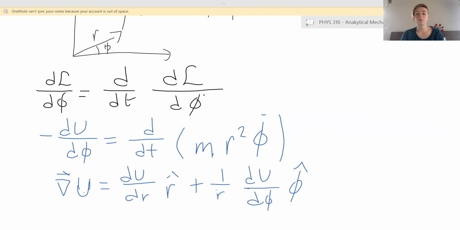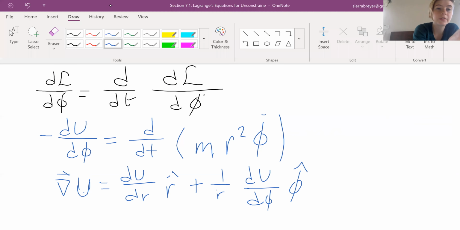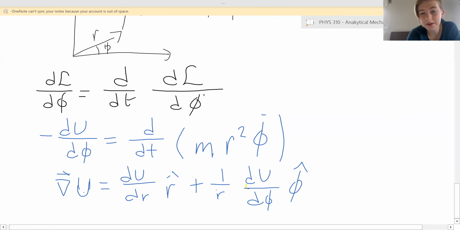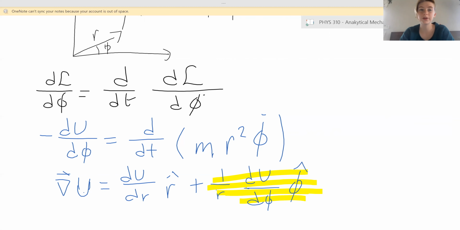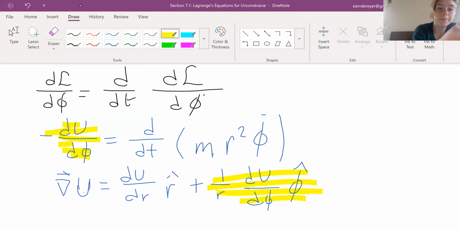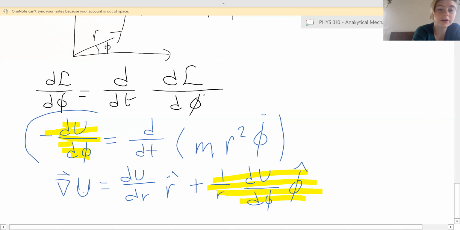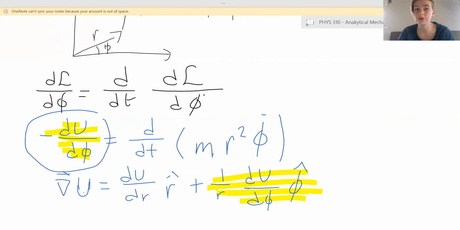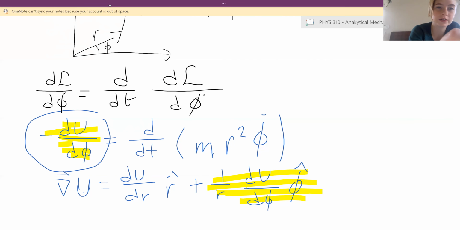So what shows up differently here is that this is the gradient part of the function in polar coordinates, but we only have a part of it in it. So we can say that this right here is just the force times that r, so that the r has disappeared and it doesn't need that anymore.